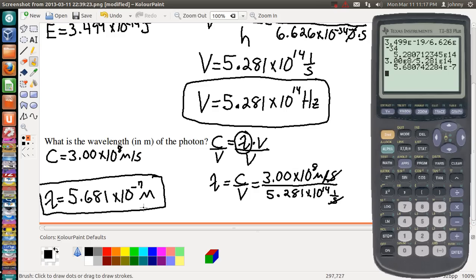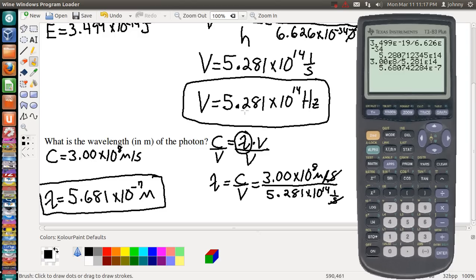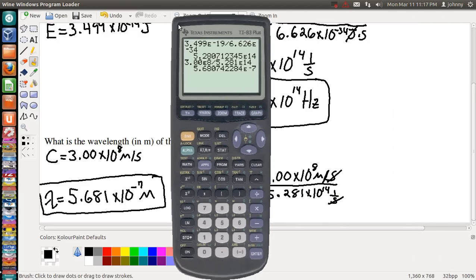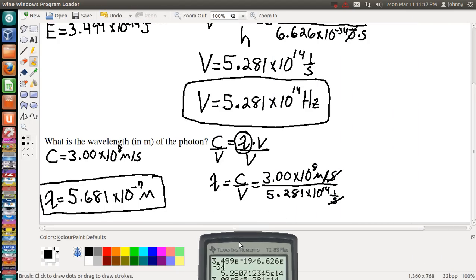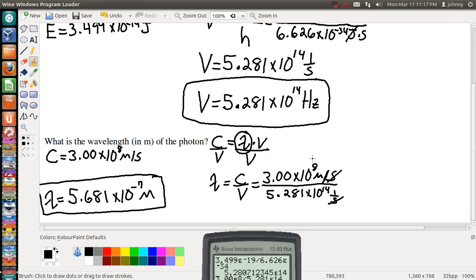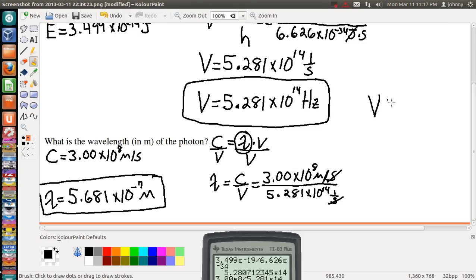The only other tidbit of information that I could give you to help you out is this. Notice how large our frequency is, and notice how small our wavelength is. Well, they have a relationship, believe it or not. Okay, move the calculator out of the way for now. Their relationship is basically this. If V, which is your frequency, is increasing, then your wavelength itself is decreasing.